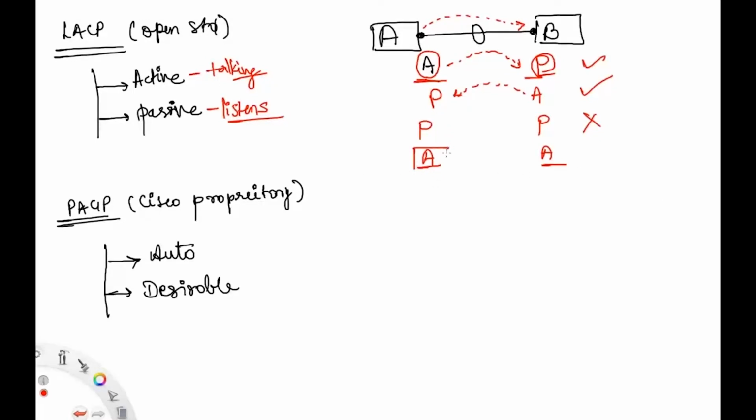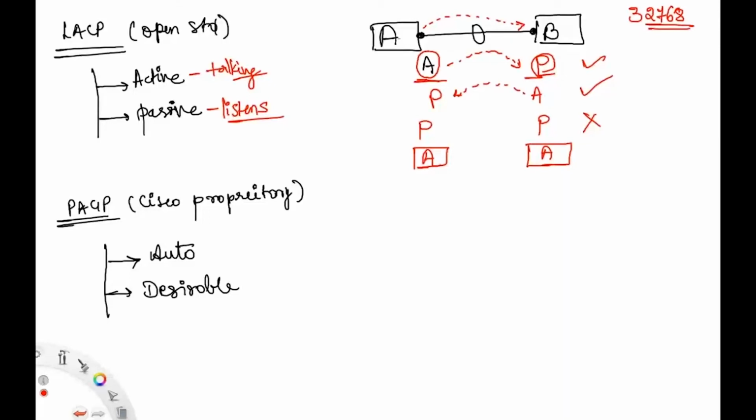Whenever you are facing this scenario, LACP priority comes into the picture. When you enable the LACP protocol on each of these Nexus switches, or whatever switches you're using for aggregating them into a port channel using LACP, there is a priority that is assigned, and by default the priority is 32768.